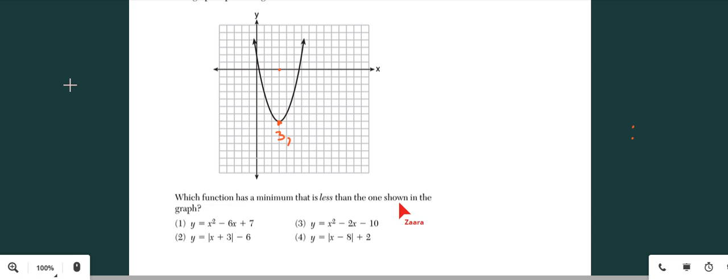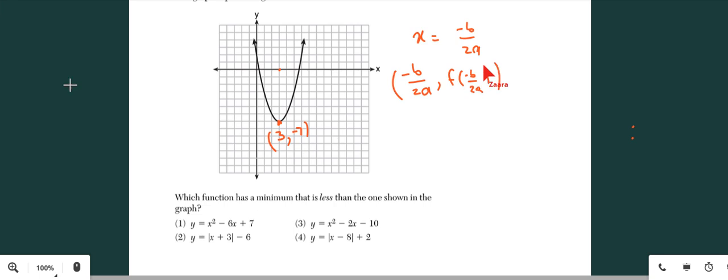If I'm not wrong, it is negative 7. Now, how to calculate the minimum value from a quadratic equation? The line of symmetry is x equals minus b over 2a. From minus b over 2a you get x, the line of symmetry value, and f of minus b over 2a will give you the vertex point.